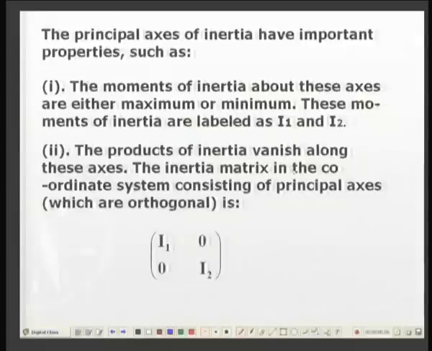I have already stated, once you have the principal axis, then the product of inertia terms will be 0. So, your inertia matrix is I1, I2. The diagonal terms are the principal inertia and the off diagonals are 0.